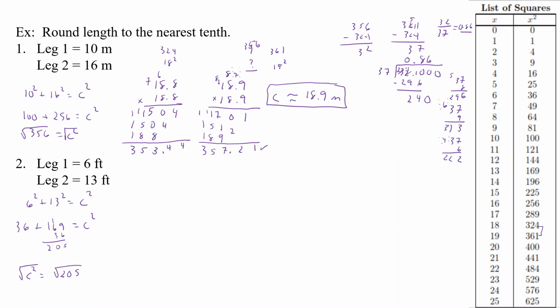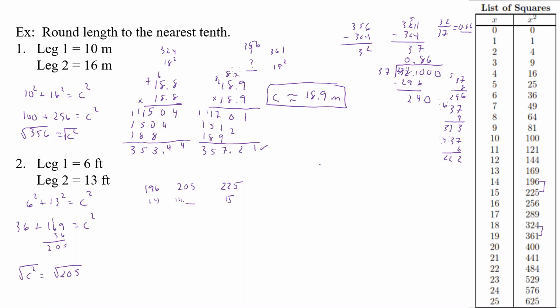Now 205, well, it's going to be between those two, 14 and 15. So it's going to be 196 up to 225. We have 205, so it's kind of somewhere here in the middle. And this again is 14, this is 15, so this is going to be 14 point something.